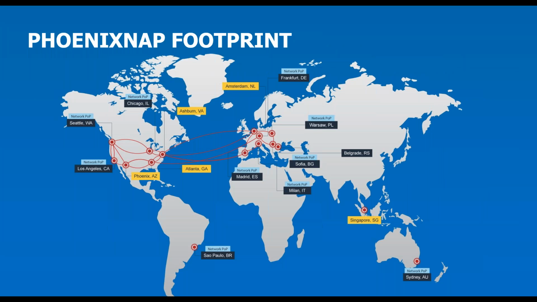Here's a quick look at our footprint. In yellow are our VMware powered cloud nodes and Veeam Cloud Connect service stacks. You'll see from the east in Ashburn, Virginia, the southeast region is covered by Atlanta, Georgia, and our west and southwest regions are covered by Phoenix, Arizona, which is our flagship data center located in the southwest, where there's a very low risk for natural disasters.